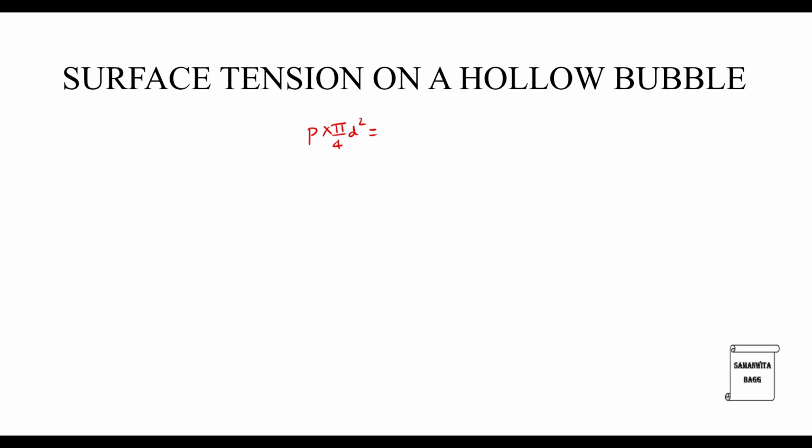But there is circumference outside and inside both, which is subjected to air. So here we will just take this as 2 into sigma into pi d. So now if I cancel this out, one diameter, so therefore pressure becomes 4 2s are 8 sigma by d. So this is the equation or the relation between pressure, diameter and surface tension for a hollow bubble.